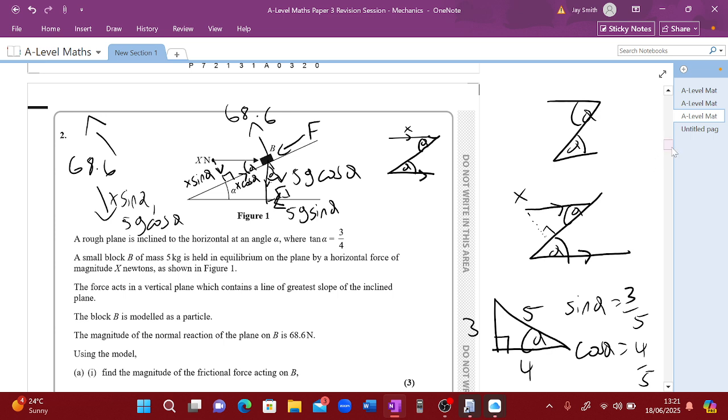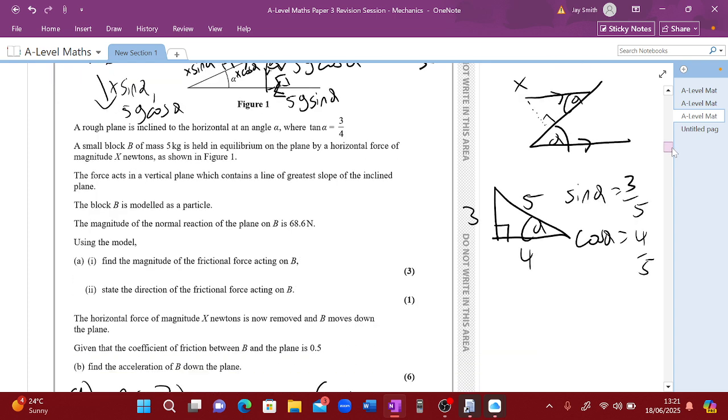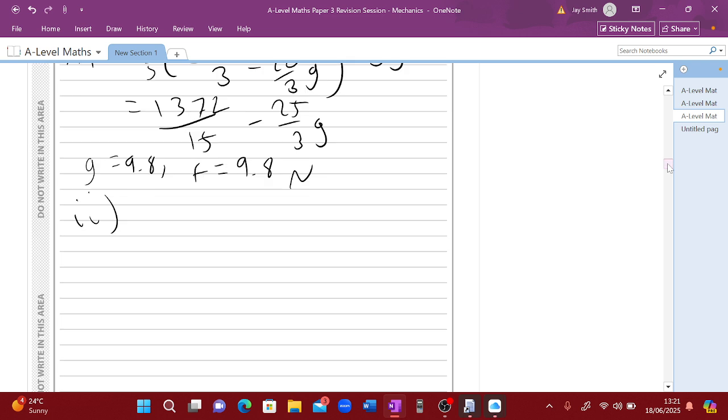So it's going to be acting, what the direction? So it's going to go to the left. I want to try to be as specific as possible. So it's going to go down the slope, parallel to the slope. There we are.